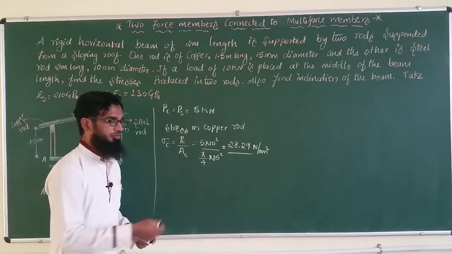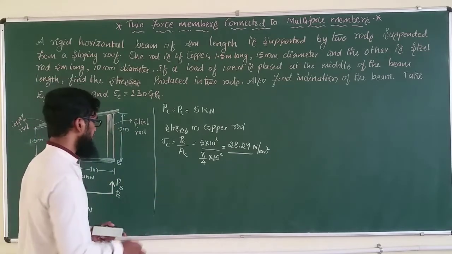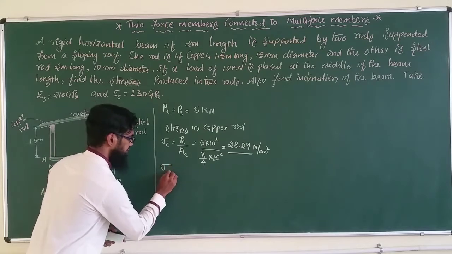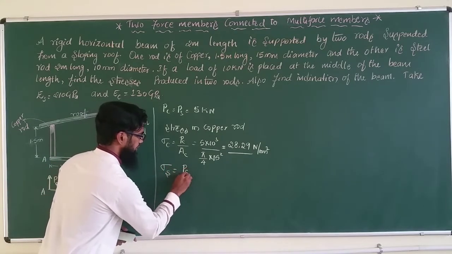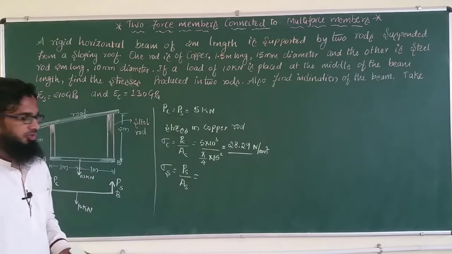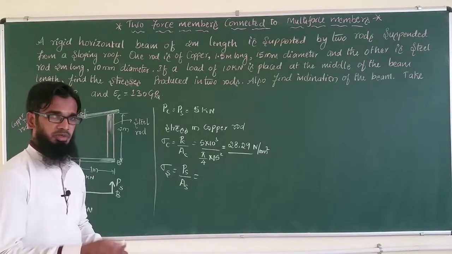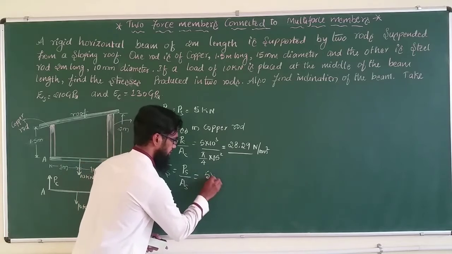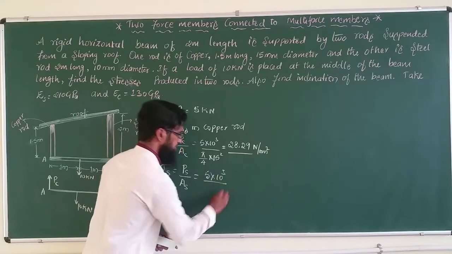Now again I can go for what will be the stress in the steel rod. So the stress in the steel rod is PS by AS, that is the load in the steel member by the area of the steel member. The load in the steel member remains the same, because it is 5 kilonewton and the member will be in equilibrium.